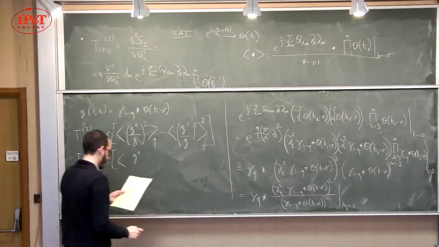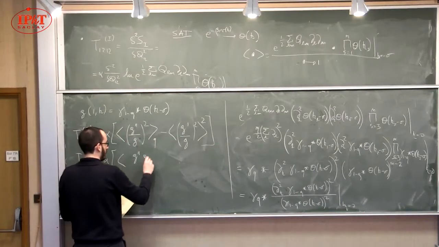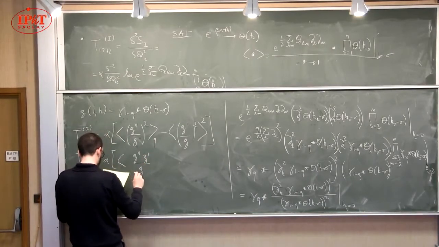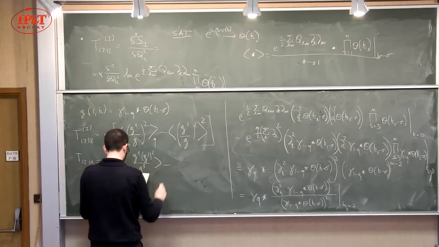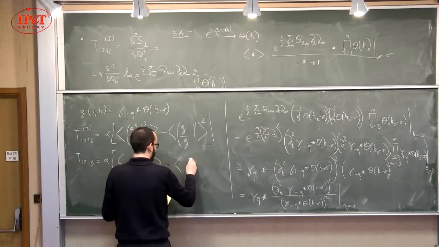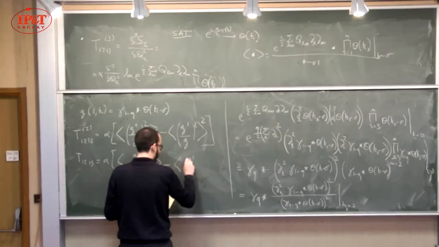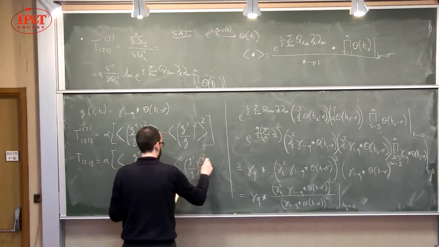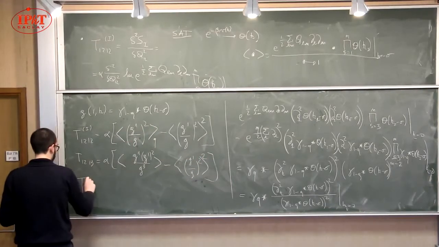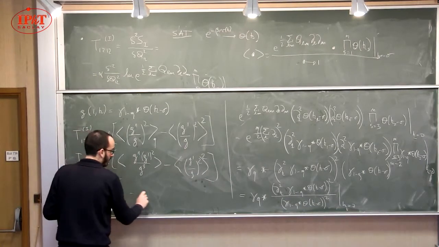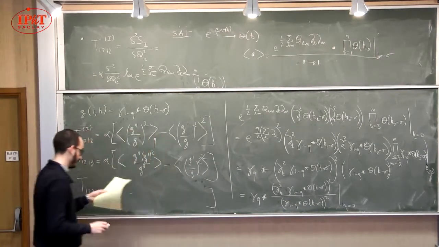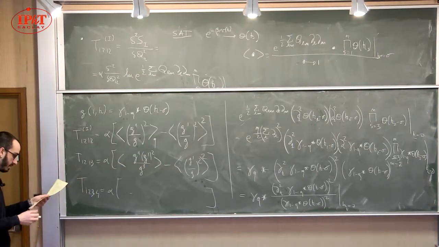Sorry, I didn't tell you. So here is g prime squared, cubed, minus the same thing here. And then you have the same expression. I will not write it, but I will write it in the notes.